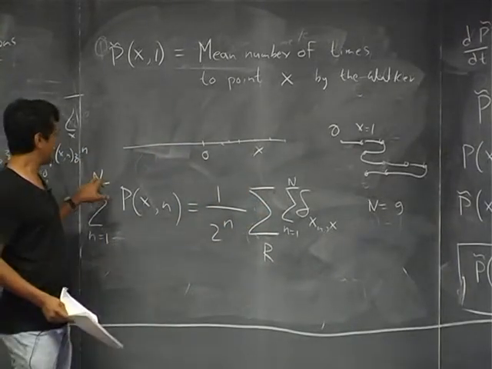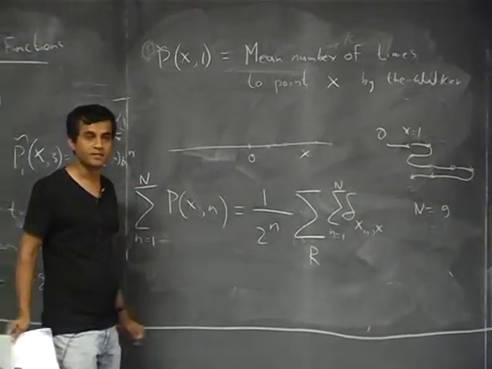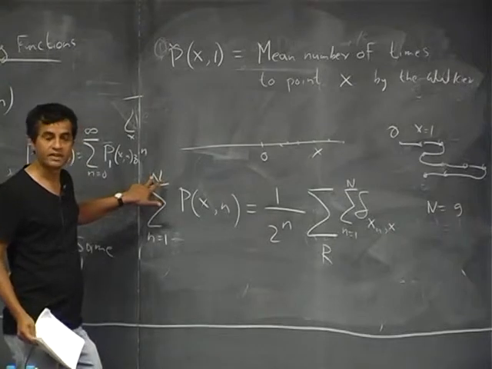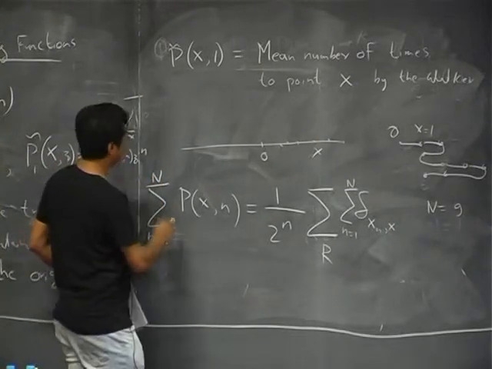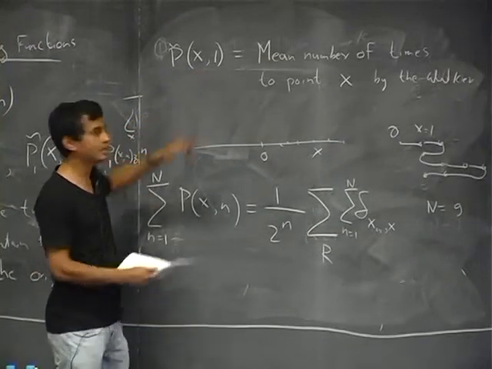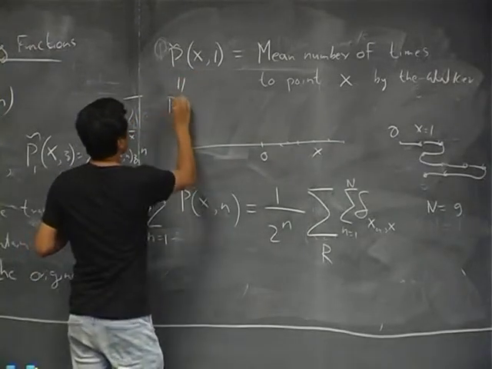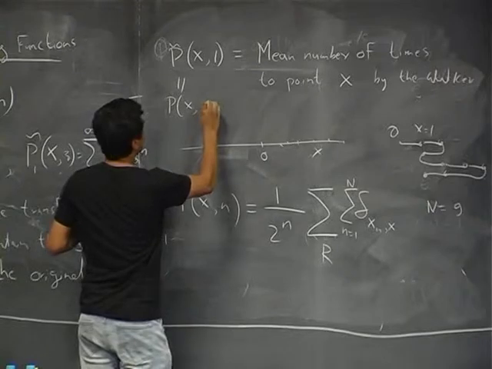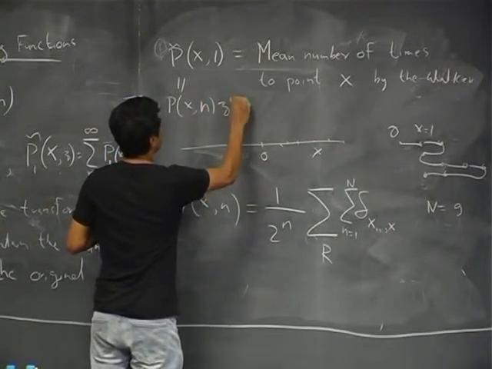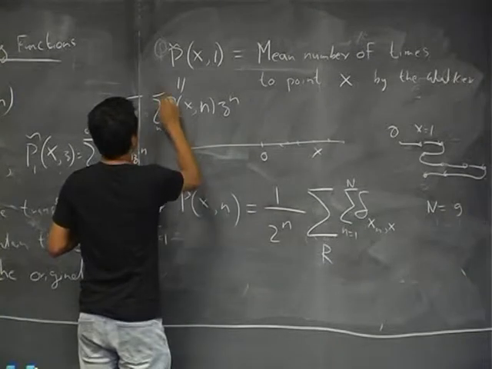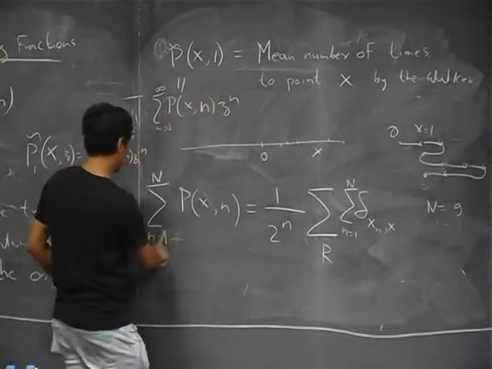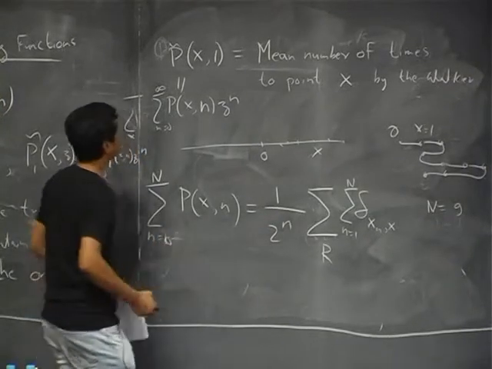Okay, so this is if I take n number of steps, and then I can set this n to infinity, and then this object is just p tilde x1, right? Because p tilde x1 was the sum of p x n z to the power n, n to infinity.